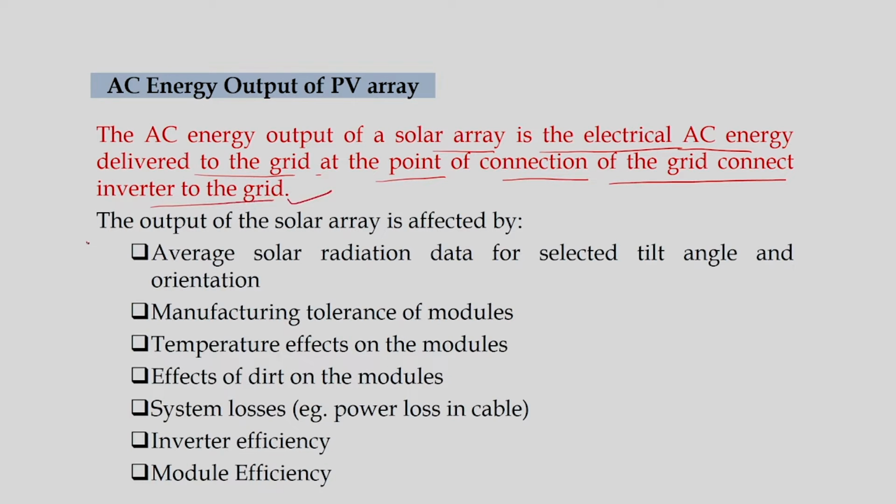This output of the solar array is affected by many parameters, for example average solar radiation data for selected tilt angle and orientation, manufacturing tolerance of modules, temperature effect on the modules, effect of dirt on the modules, system losses in the AC cables and DC cables, inverter efficiency, then module efficiency.